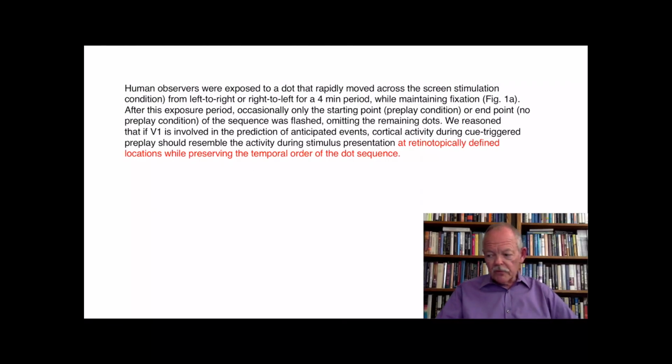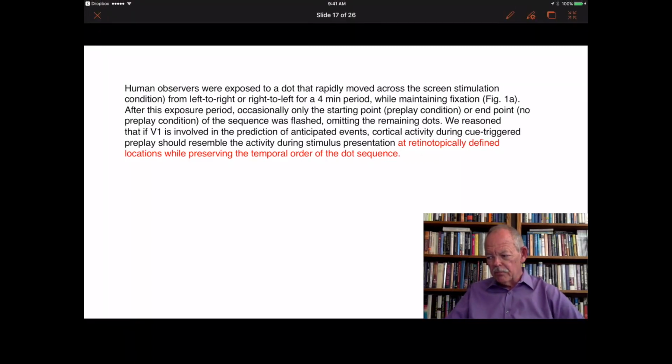And so human observers then were exposed to a dot that rapidly moved across the screen from left to right or right to left for a 4-minute period while maintaining fixation. So after this exposure period then, occasionally only the starting point, called the pre-play condition, or the endpoint, the no pre-play condition, of the sequence was flashed onto the retina, omitting all the intervening dots.